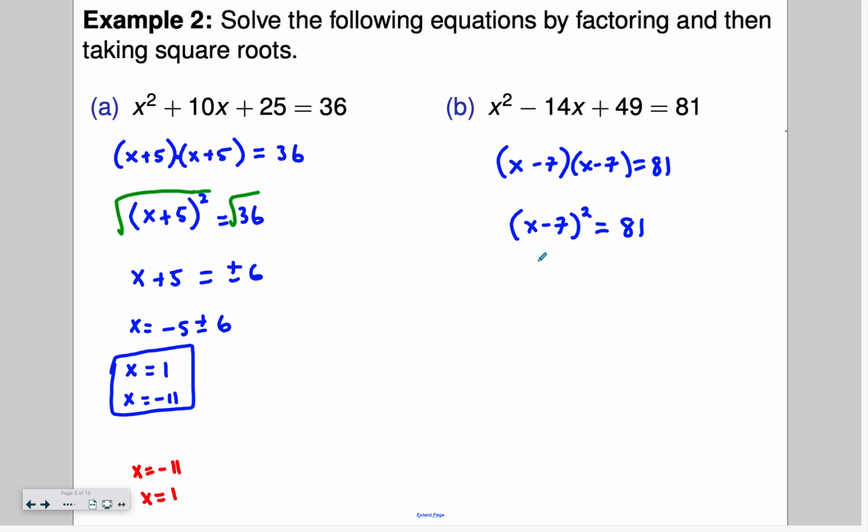If you take the root of both sides, you end up with x minus 7 equals plus or minus 9. That comes from taking the square root there. We can add 7 to both sides, and you'll get 7 plus 9 and 7 minus 9. So our two solutions will be 16 and x equals negative 2.